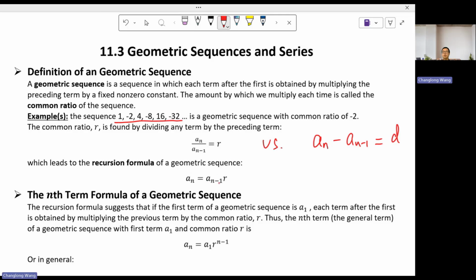So we're looking at a sub n minus 1 times the common ratio to get you the a sub n, right? And you can do it recursively. Every time you multiply by the common ratio, you get the term right after it. Compared to the similar thing, a sub n is a sub n minus 1 plus the common difference. Okay?